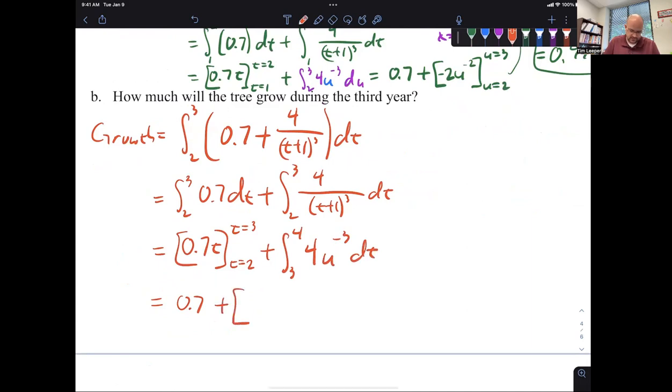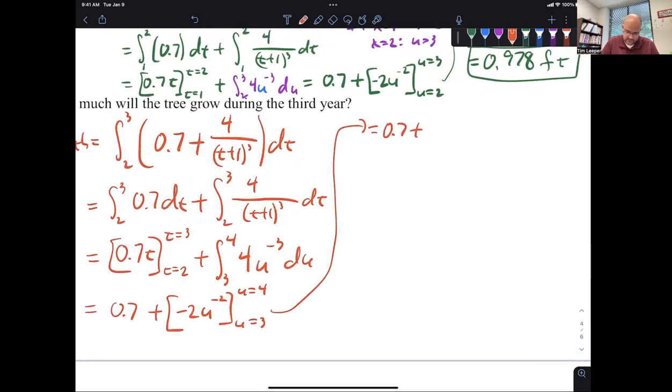So this would be negative 2 u to the negative 2, evaluated from u equals 3 to u equals 4, and then just plug everything in. So that's 0.7 plus negative 2 times 4 to the negative 2 minus negative 2 times 3 to the negative 2. Let's punch that in, much easier.